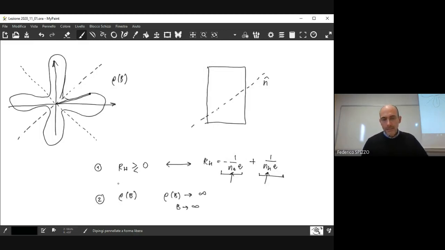So at this point, the two questions that were there from the beginning of these lessons have somehow found an answer. So the answer is, if we consider the modified version of the electronic band structure, that means the version that we have after the Bloch theorem, and if we consider also systems with open orbits, then we may consider both effects.